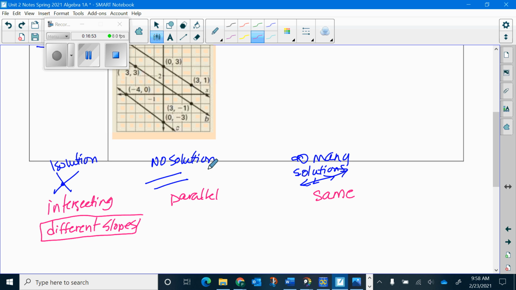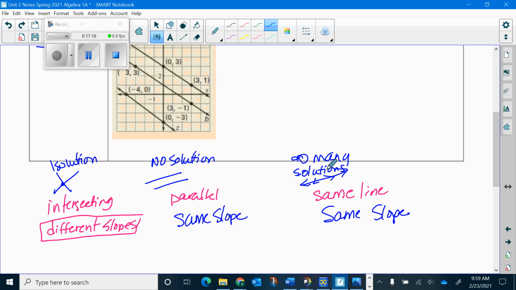Parallel and the same line have to be slanting the same, so they have to have the same slope. What makes them different from one another is their y-intercept.